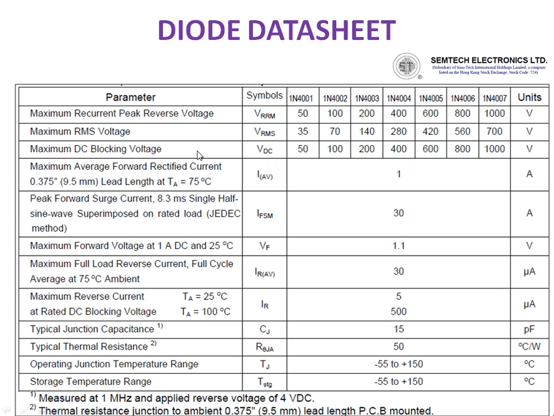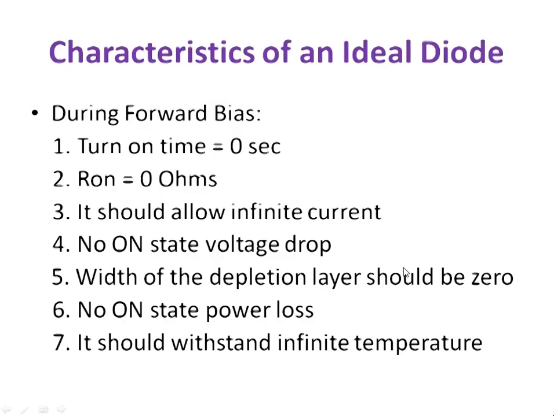The DC blocking voltage, the maximum reverse voltage the diode can withstand, is 50 volts for the 1N4001 and 1000 volts for the 1N4007. Similarly, the average forward current is 1 ampere. The reverse current is approximately 30 microampere.